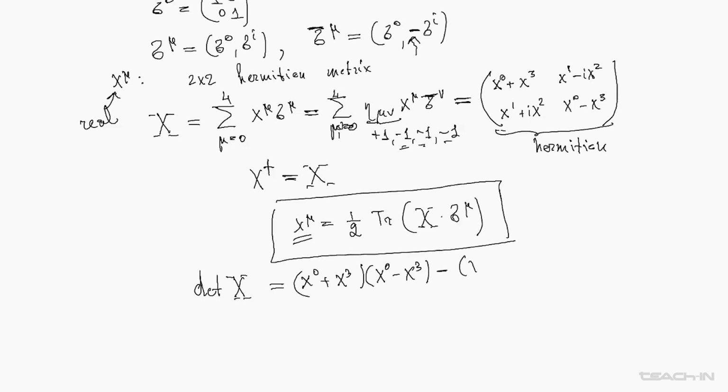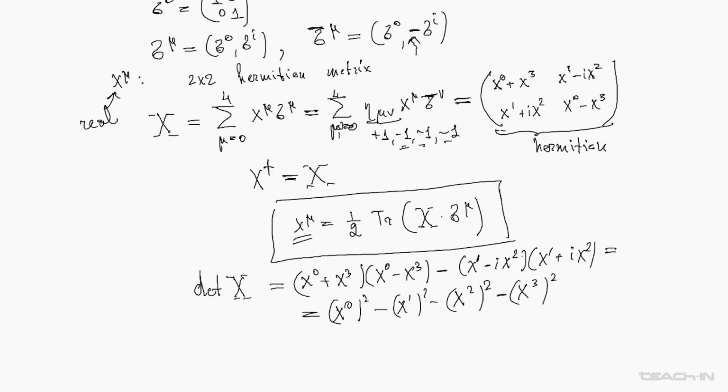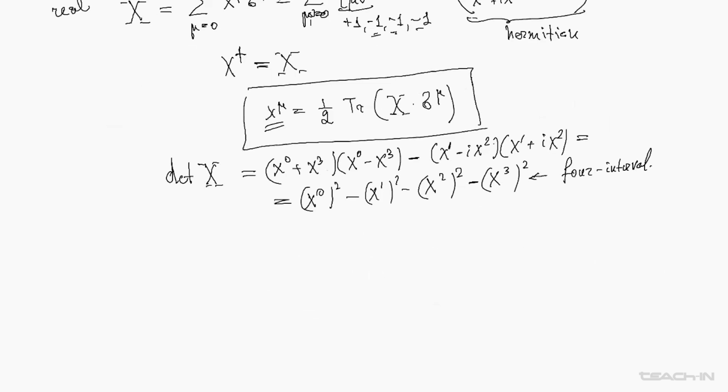If you open this up, this will be x0 squared minus x1 squared minus x2 squared minus x3 squared, which is nothing else than the Lorentz invariant 4 interval. So the determinant of X is just a 4 interval constructed via coordinates of the vector x mu.